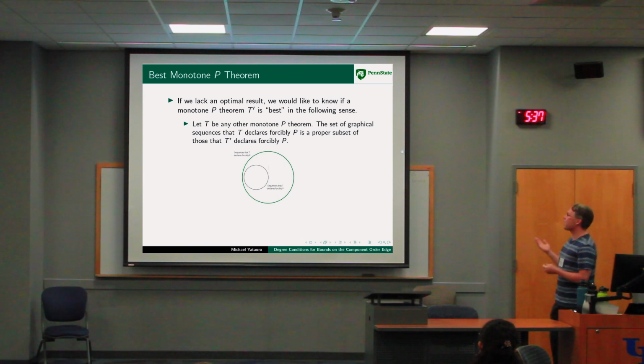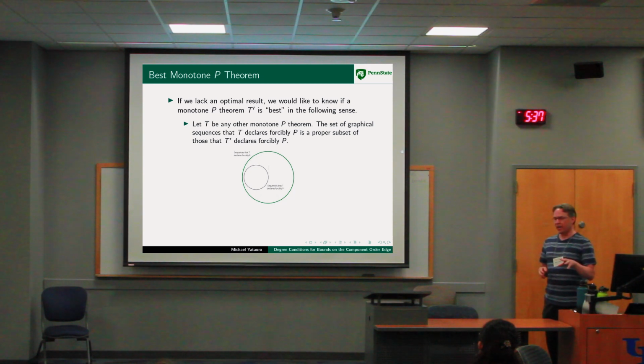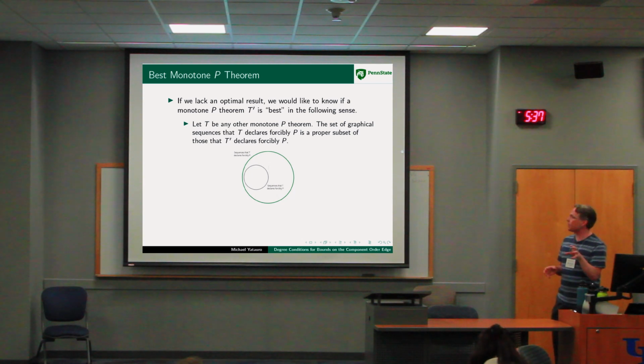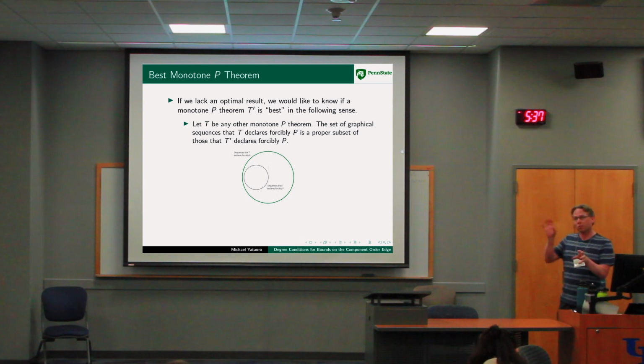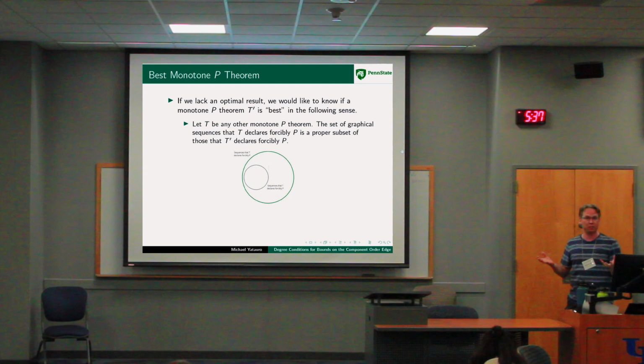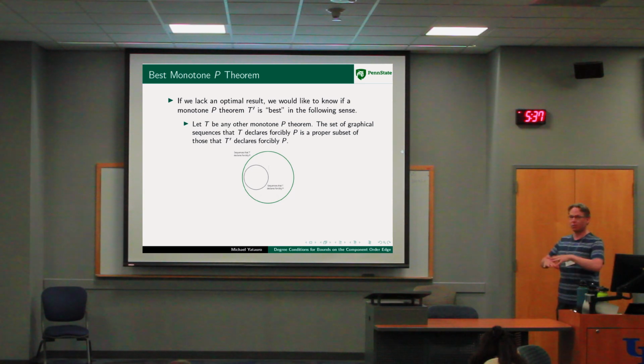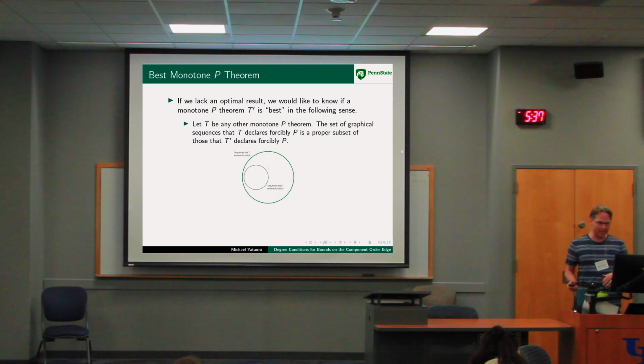So T prime is what I would call the best one, because if you had any other monotone P theorem, if you look at all of the graphical sequences that the other theorem T classifies as forcibly P, T prime will also classify those as forcibly P and possibly more. Okay, so it casts the widest net of all possible P theorems for that property P.